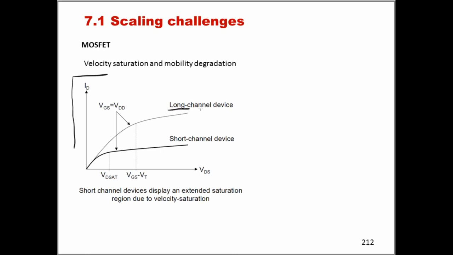The long channel device would have this output characteristic for any given Vg value, while the short channel one would be this one. As you can see, the device is saturating much earlier now. And also there is a remarkable decrease in the current that the device is passing through the channel. This is obviously due to the velocity saturation phenomenon and mobility degradation.